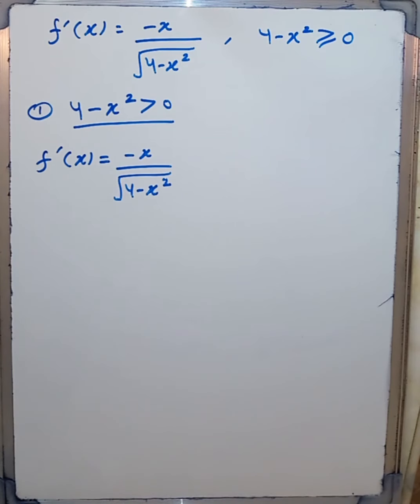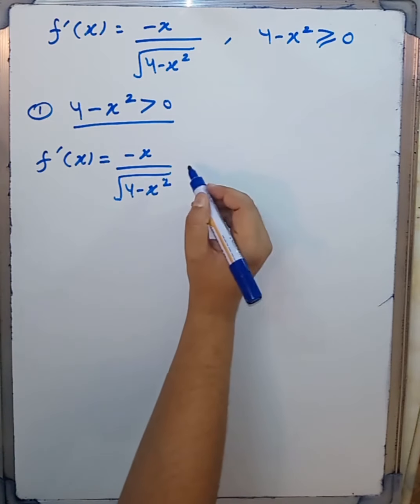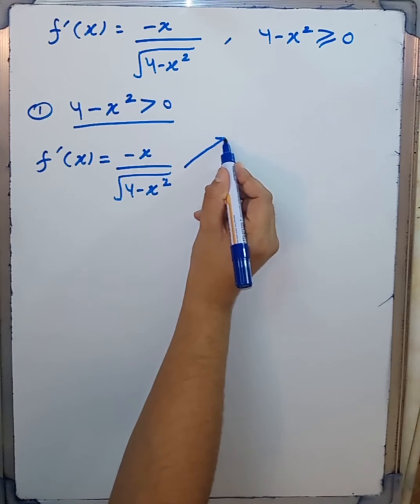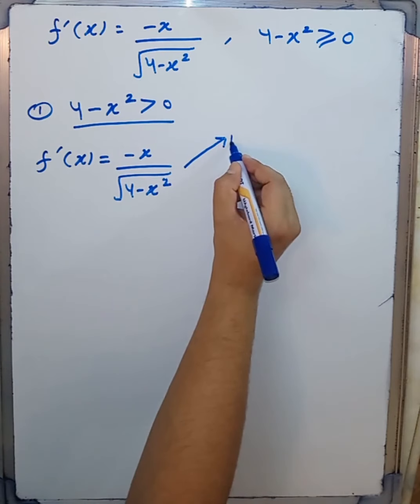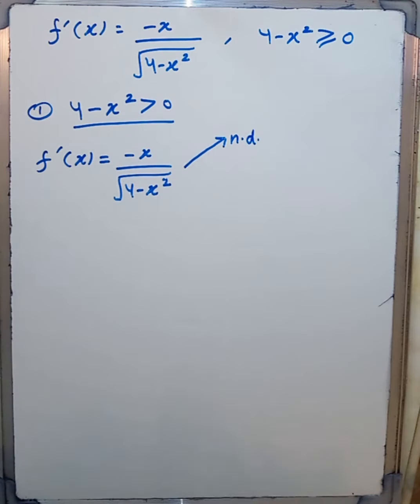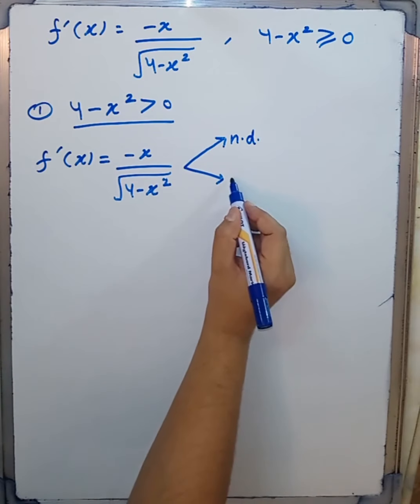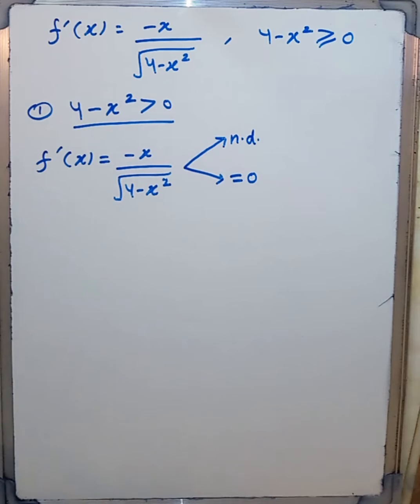We know that for a critical point, we should have two cases. The first case is that f prime should be not defined. The second case is that f prime should be equal to 0.